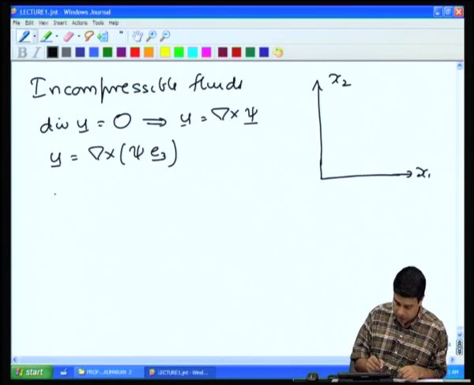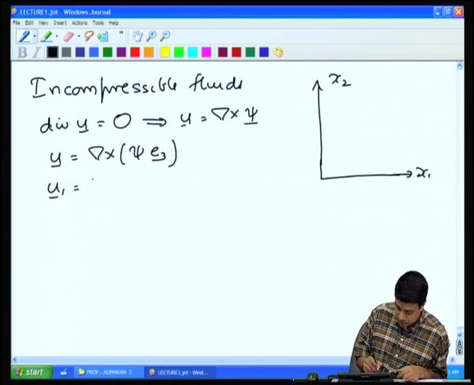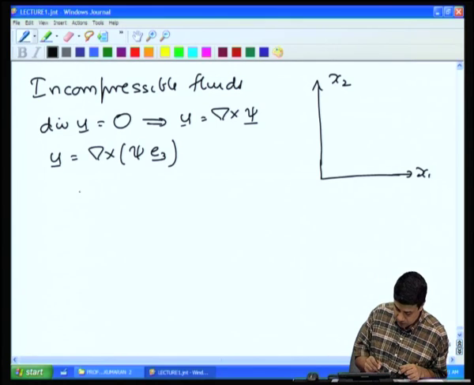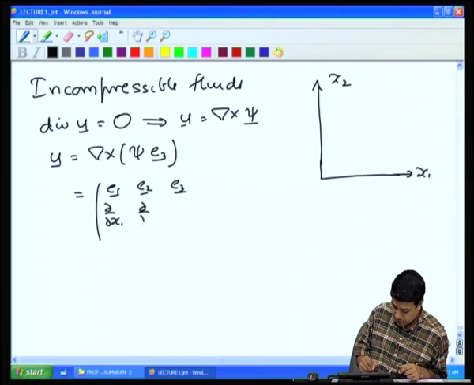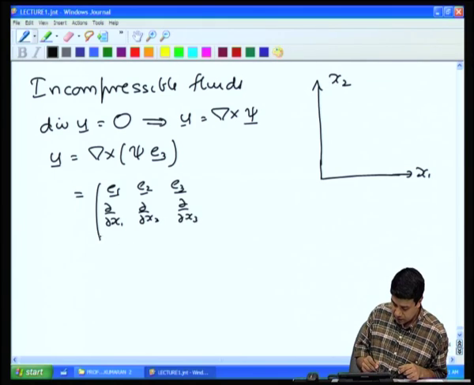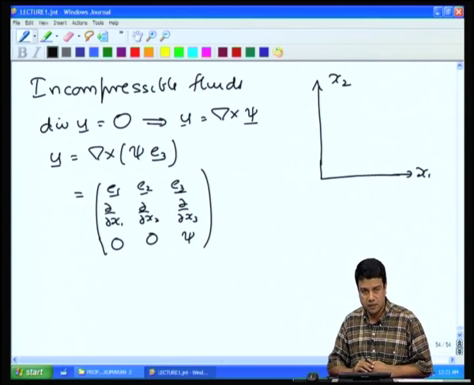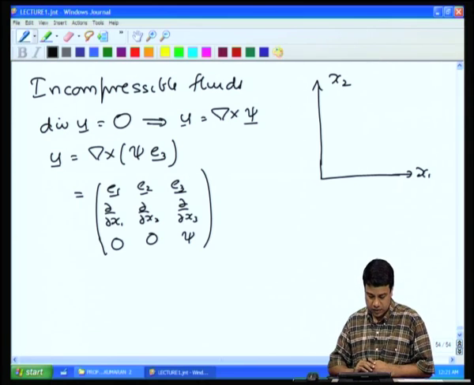So, what this will mean is that let us expand this out in order to make the point clear. This will be equal to the determinant with E1, E2, E3, d by dx1, d by dx2, d by dx3, and this vector has a component only in the x3 direction.